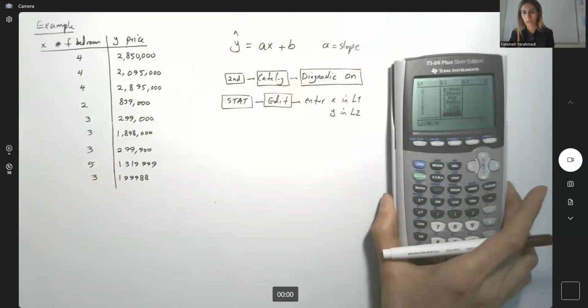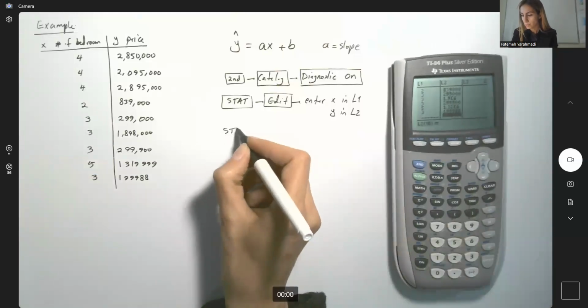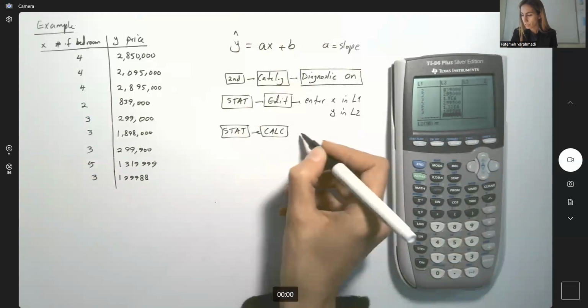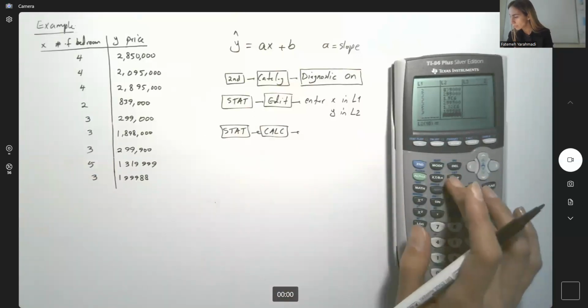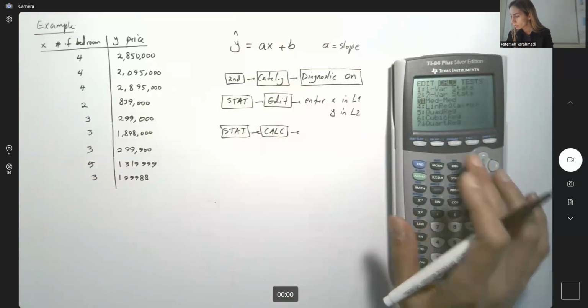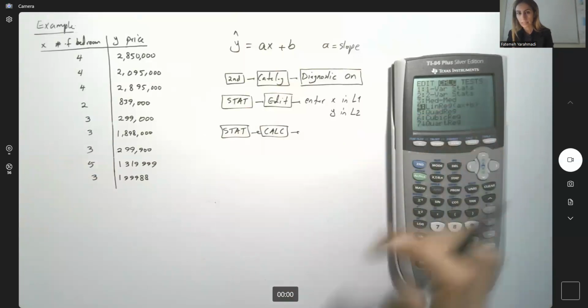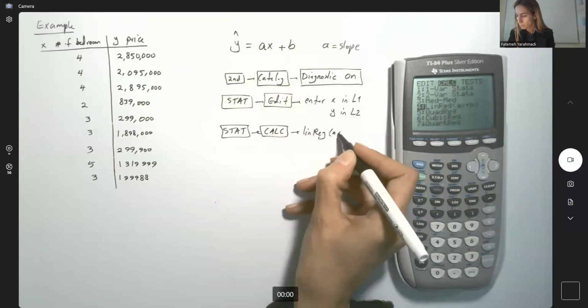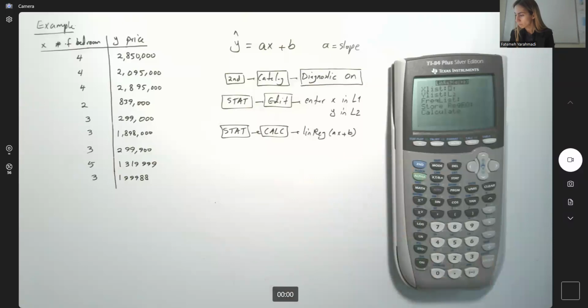Now, what are we going to do? We're going to go to stat, go to calc, and then find linear regression ax plus b. Very good.